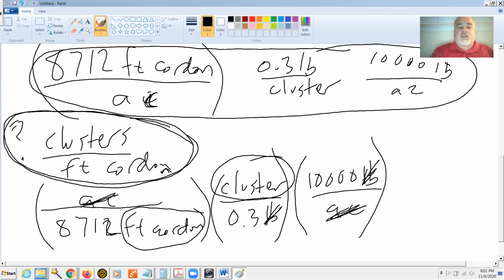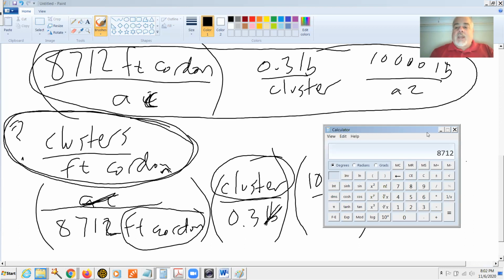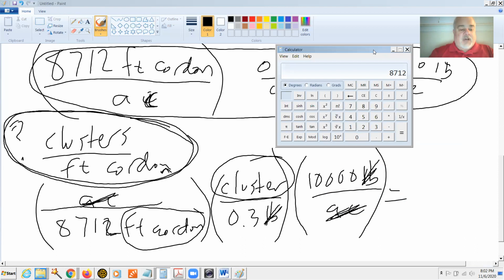What's the question? Clusters per foot of cordon. And then I just use that information of needing clusters per foot of cordon and lined up the information I have in order to get what I need, what I want. Anything in the top I multiply, anything in the bottom I divide.